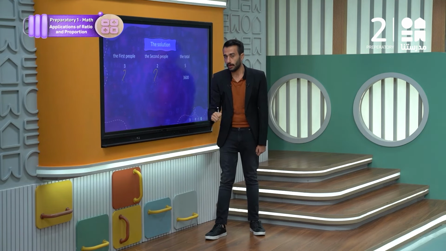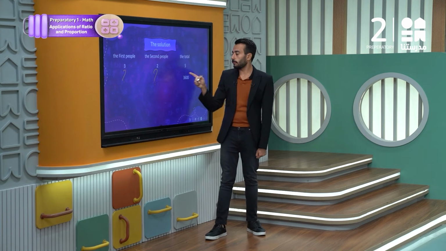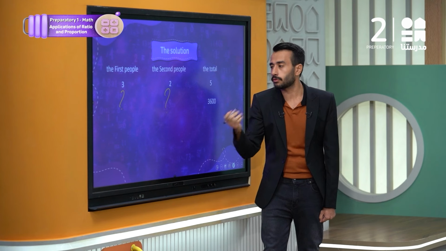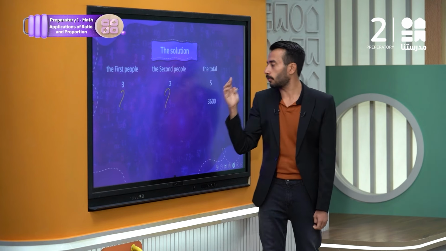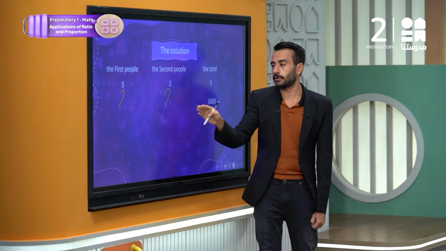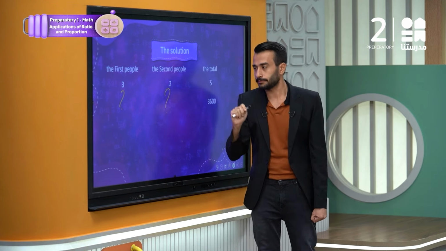As we said before, you can use cross multiplication here. The new idea of cross multiplication. To find this amount, you multiply this number by 2 divided by 5 without writing the proportional. You don't need to write 2 over unknown equal 5 over this. You don't need it now. You just cross multiply to find this answer.